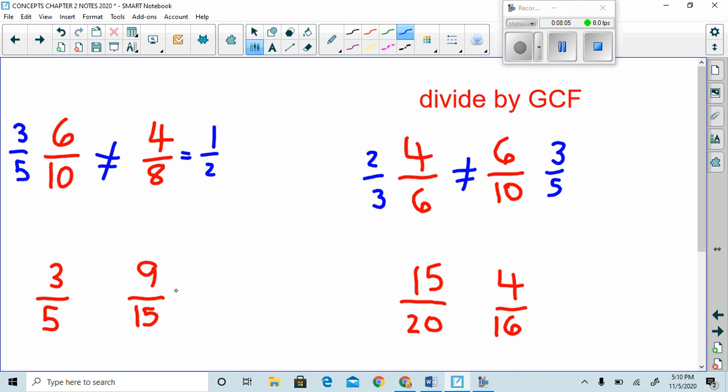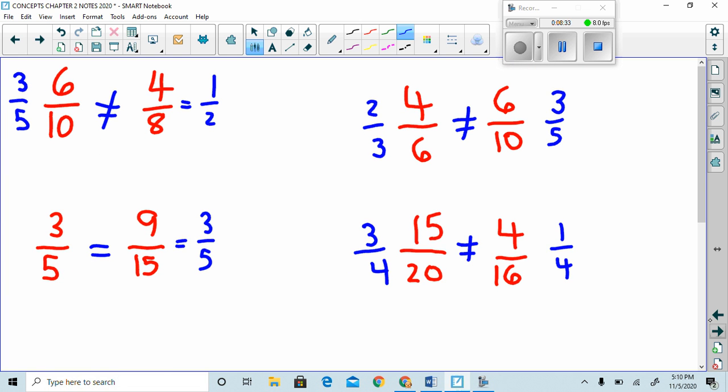Let's simplify this. Divide by 3, divide by 3. These are equal. Let's take 15/20 and divide by 5 and get 3/4, and divide by 4 and 4. These are not equal. So again, one way to test if two ratios are equal is by first writing them in lowest terms.